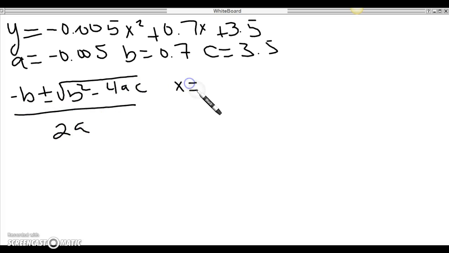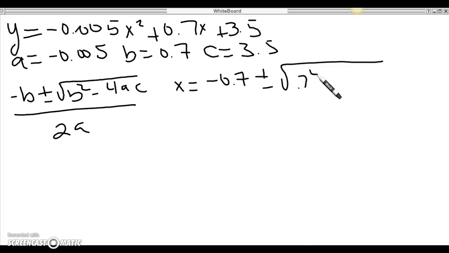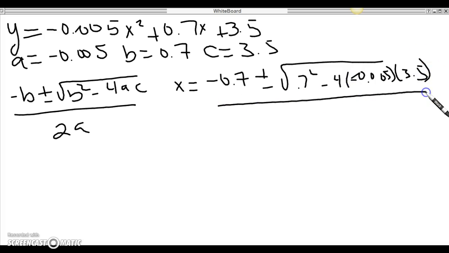So I get X equals negative 0.7 plus or minus the square root of 0.7 squared minus 4 times negative 0.005 times 3.5 all over 2 times negative 0.005.